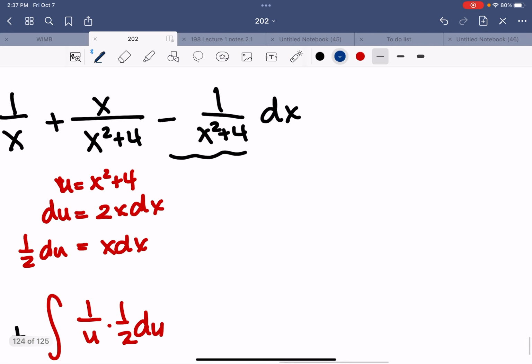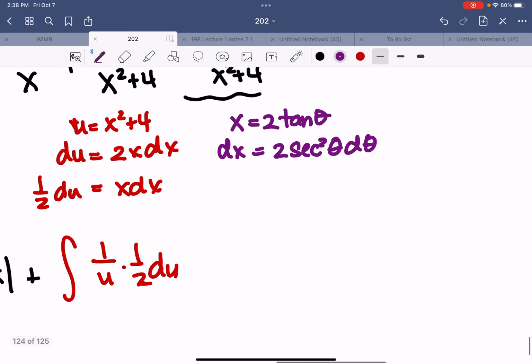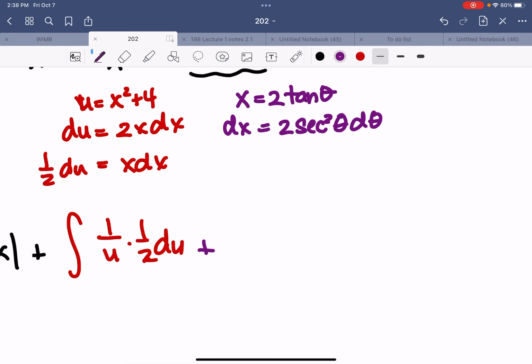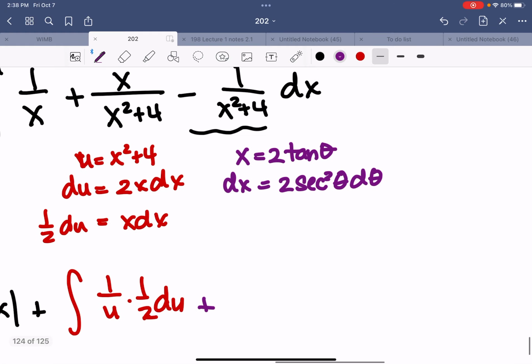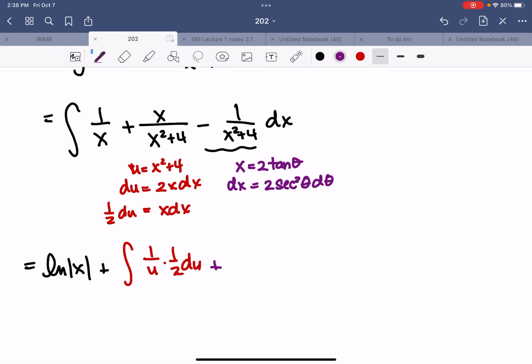Over here, this is a trig sub. So our x is going to be 2 tangent theta. dx is 2 secant squared theta d theta. And we're good to go. So when I go ahead and make that substitution, I get the minus integral.